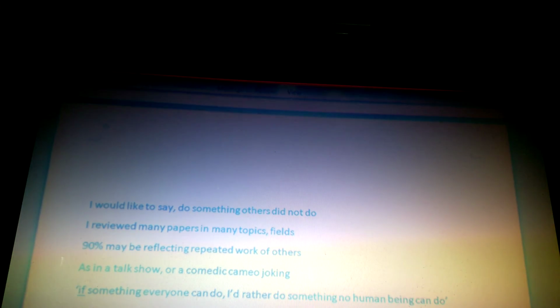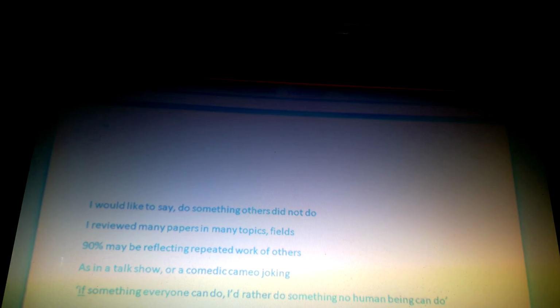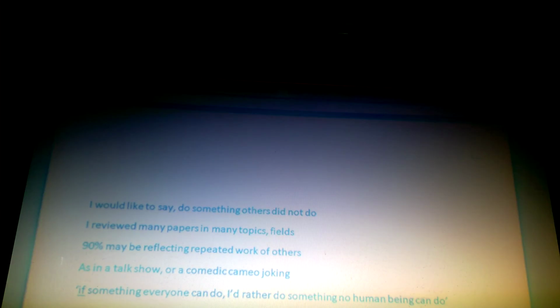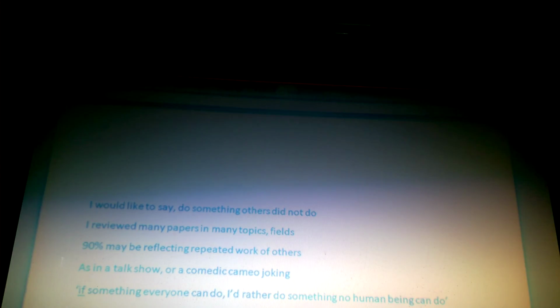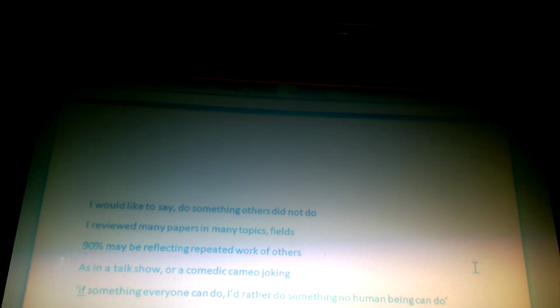And some of them, I don't know, even the authors, do they really believe that? Do they have the confidence? The same thing I mentioned before, for example, the neutron diffraction.